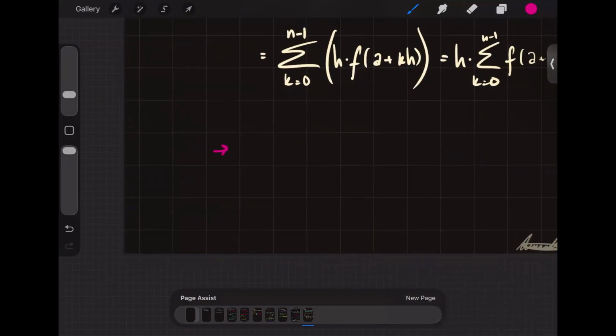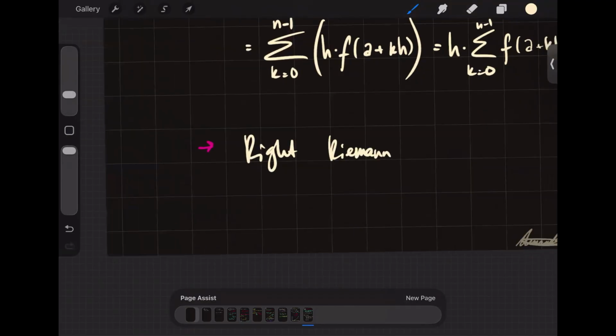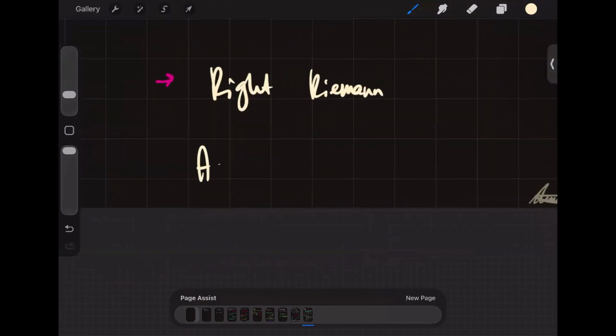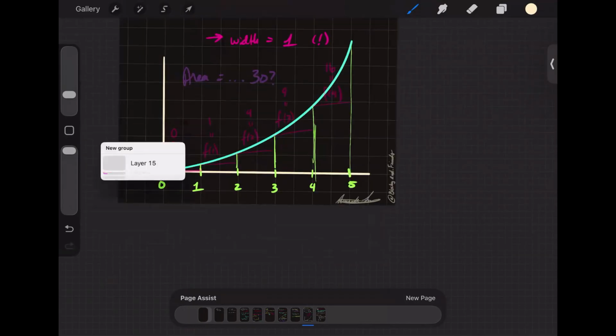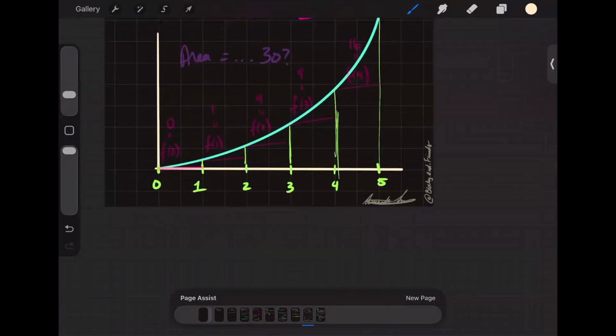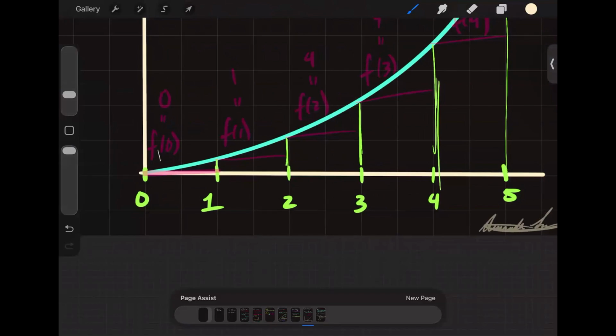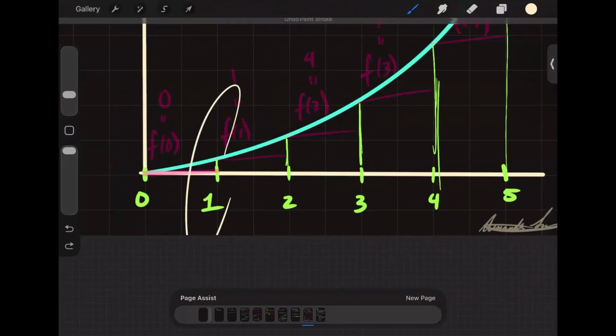For your right Riemann, you want the right endpoint. So instead of starting at the 0th endpoint, you want to start at the first endpoint.